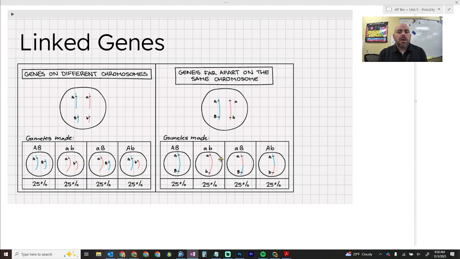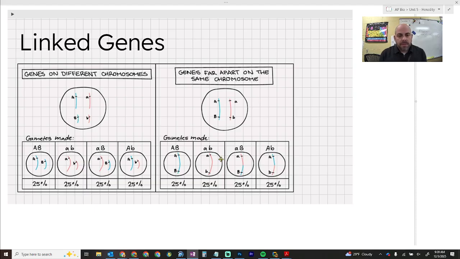And so a lot of times the way this is going to rear its head is you're going to have a problem, and you're going to have A and B, and you're going to have expected ratios between those two things, right? I expect to see 9:3:3:1, for instance, like we talked about in the last video. Well, what if you don't see 9:3:3:1, right? Then it's not Mendelian, and there's a chance that it could be this concept of linked genes, right?